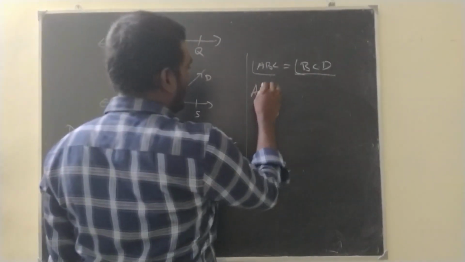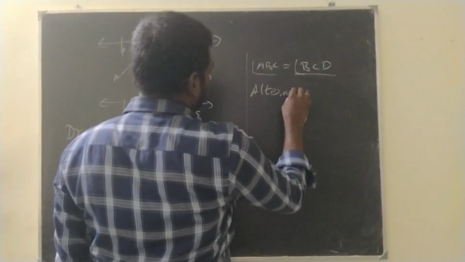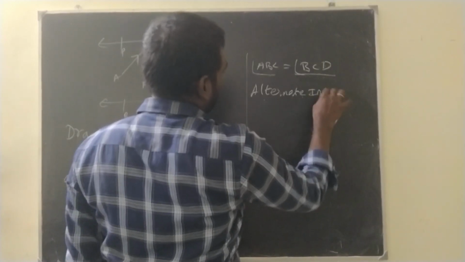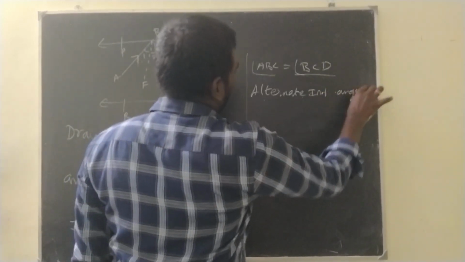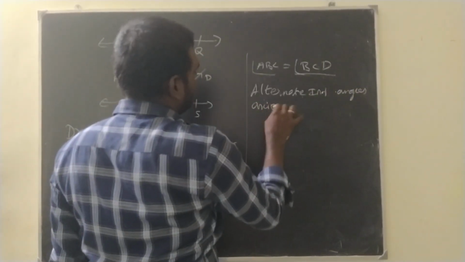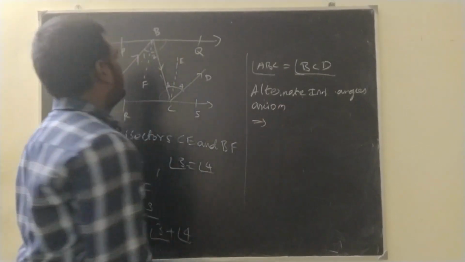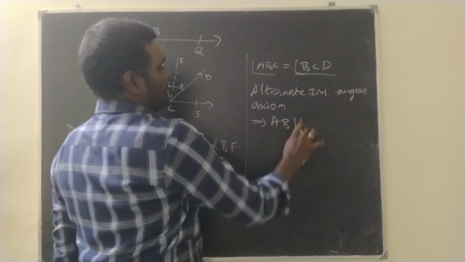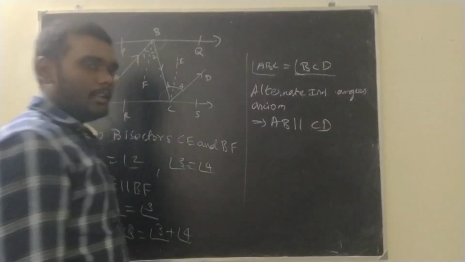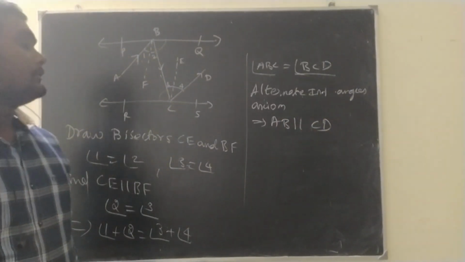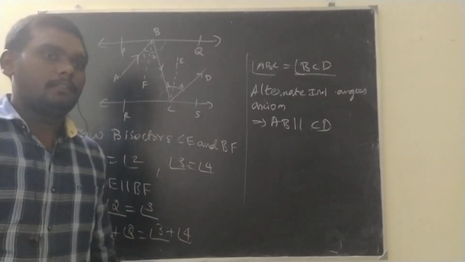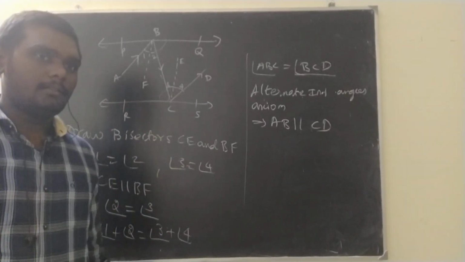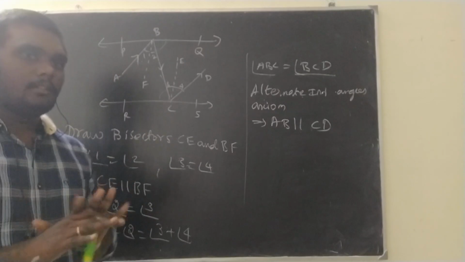The alternate interior angles state that if they are equal, we can say AB is parallel to CD, and that takes us to the end of this exercise, also the end of this chapter.